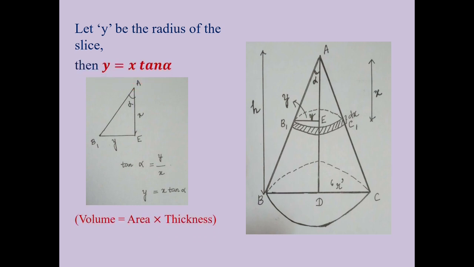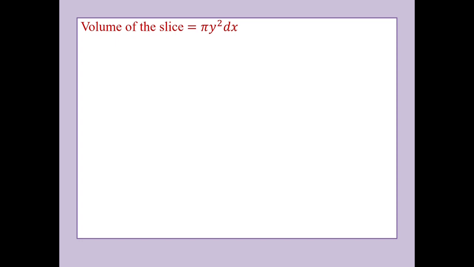And we know the volume is calculated as area into thickness. Now we want to find the volume of the slice B1C1 we considered. Area for a circular object is pi r square.